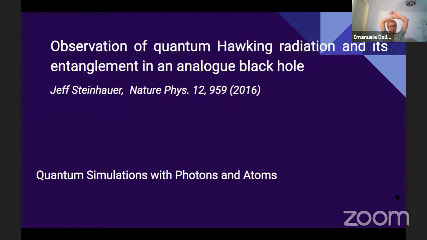So the paper that I'm presenting here is from 2016 by Jeff Steinhauer, who is from the Technion, actually. It is about the observation of quantum Hawking radiation and its entanglement in an analog black hole, which sounds very mysterious to me.